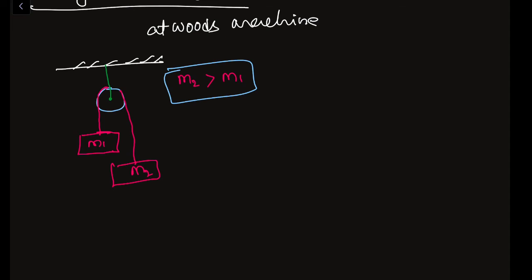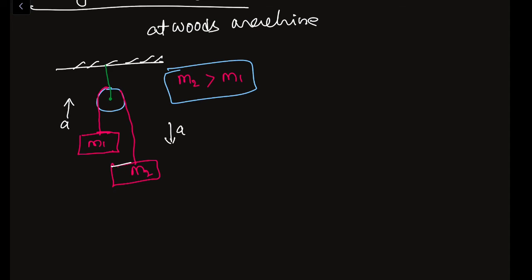Children, when we place them in this condition, M2 is greater, that's why the body tends to move downward. The acceleration of M1 is upward, because the distance moved by M2 is the same distance M1 moves up, along the string.